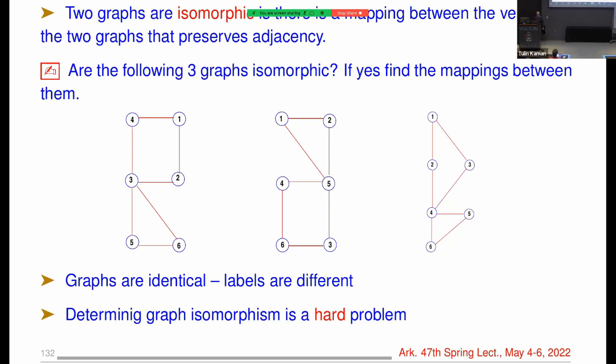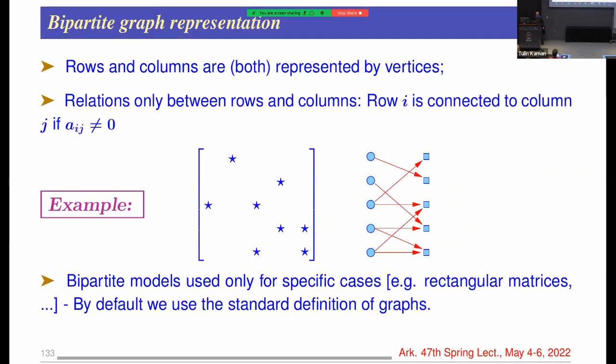But determining isomorphism is actually not an easy problem. It's a hard problem. You can figure out why that's the case. It's not that easy for large graphs in particular. In fact, MATLAB provides a function to identify isomorphisms.